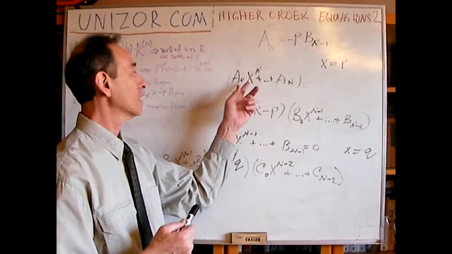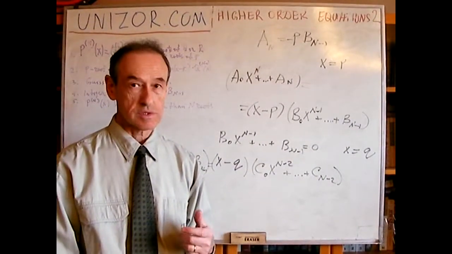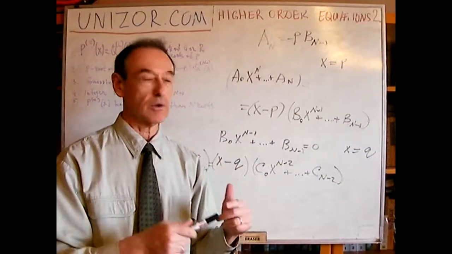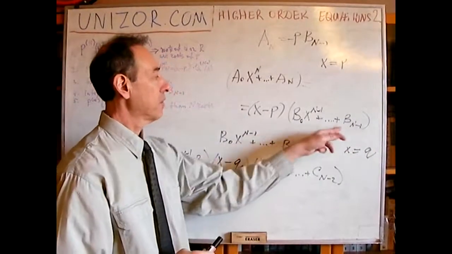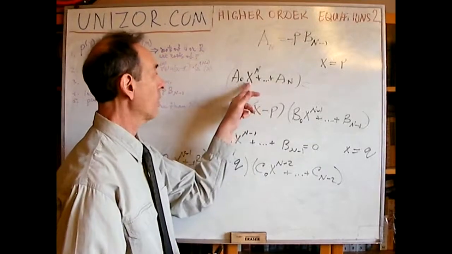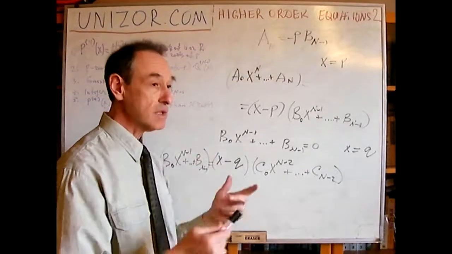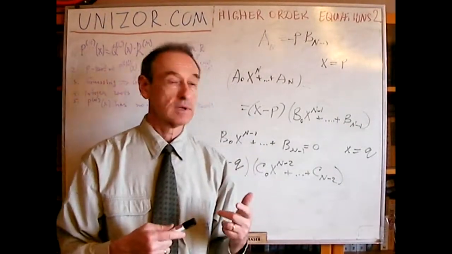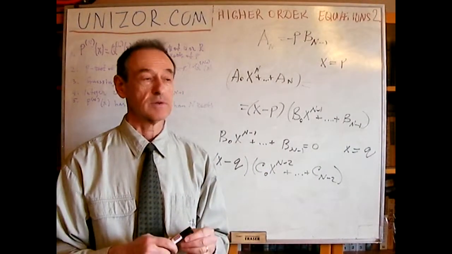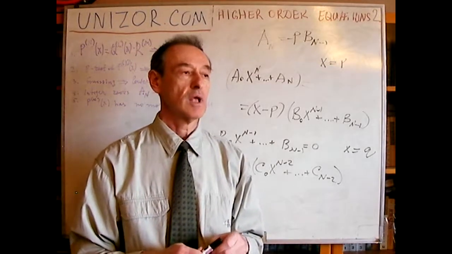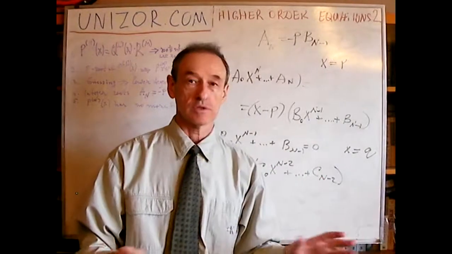Which means that a polynomial of the nth degree cannot have more than n roots, because every new root found will reduce the power of this polynomial by 1. And we can only reduce it n times because our original polynomial is of the nth degree. Which means that a polynomial of nth degree cannot have more than n solutions. Different is not really the right word, because sometimes you can have the same solution repeated twice. So n solutions.